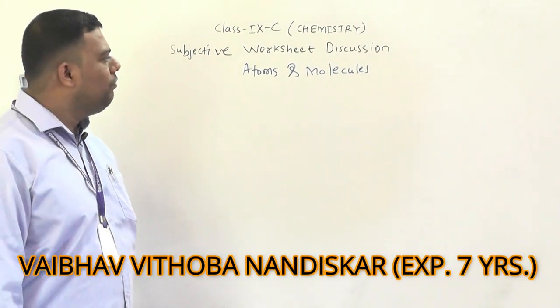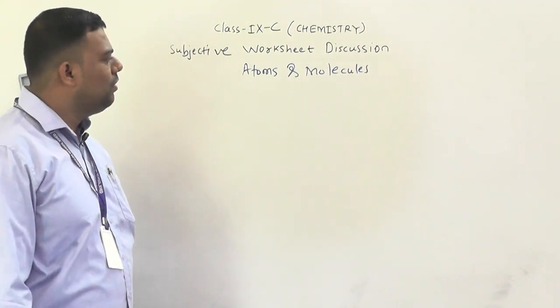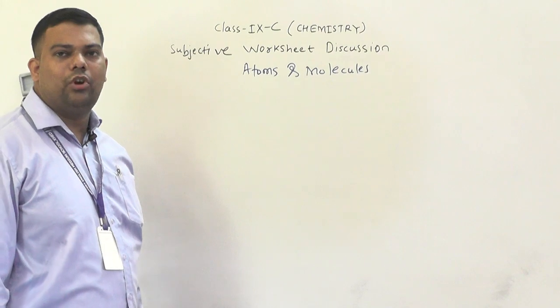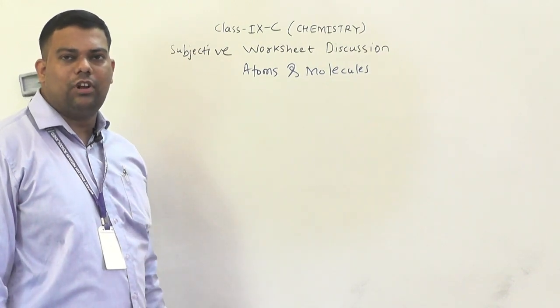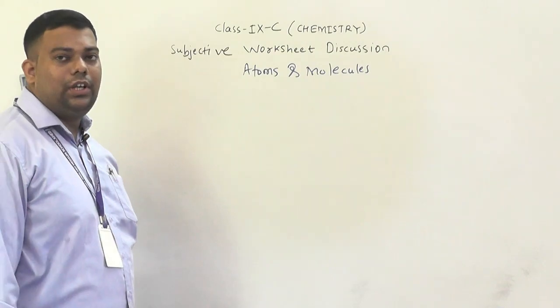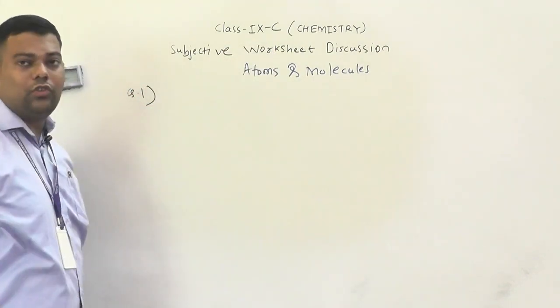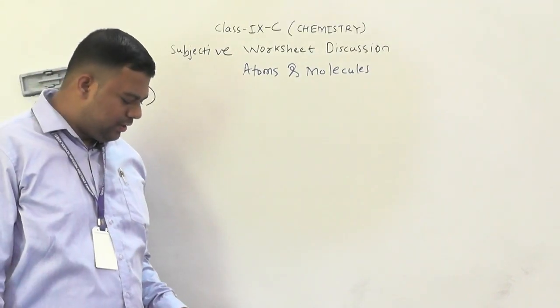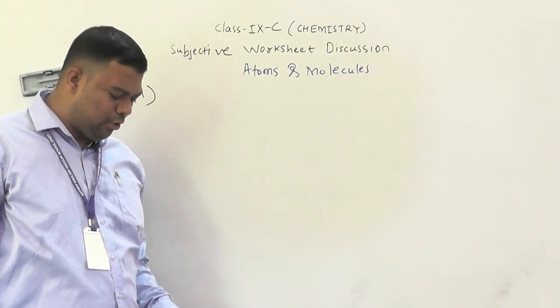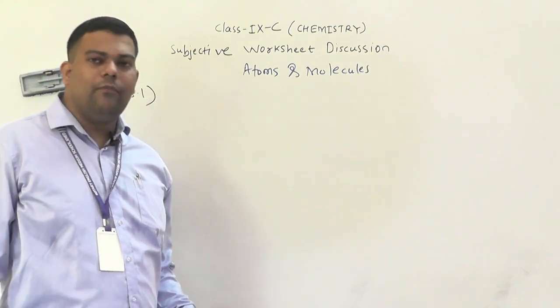Now here we are going to discuss the subjective worksheet from atoms and molecules. In that we will discuss question number 1. In question number 1, they ask: calculate the number of molecules in 4 gram of methane.